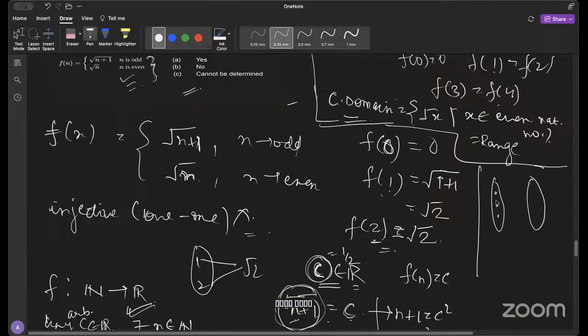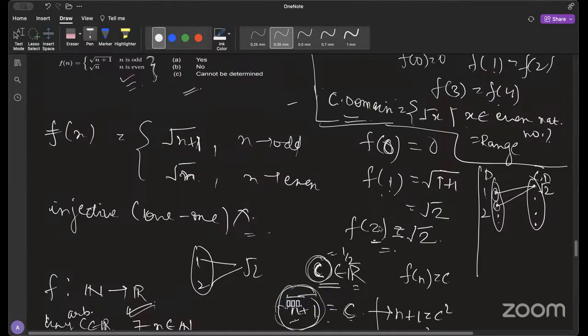These dots are the elements in the domain, and in the codomain, these dots are the elements here. In simple words, if you have two elements mapped to the same element, then it's not a 1-1 function, right? So you have 1 and 2 mapped to the same. This is 1, this is 2, and they're both mapped to root 2. That's the problem.